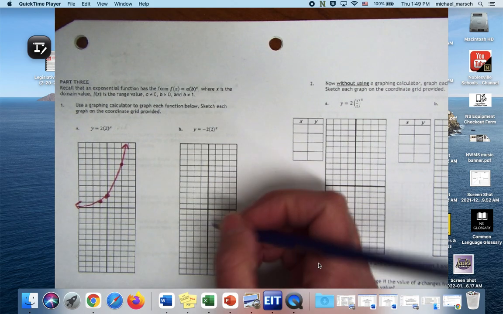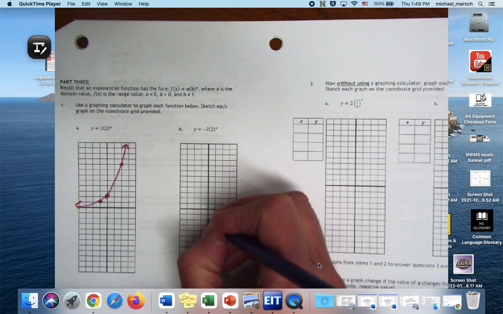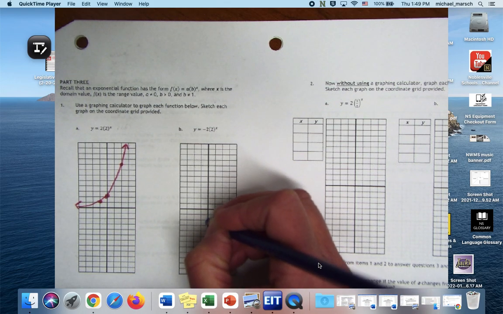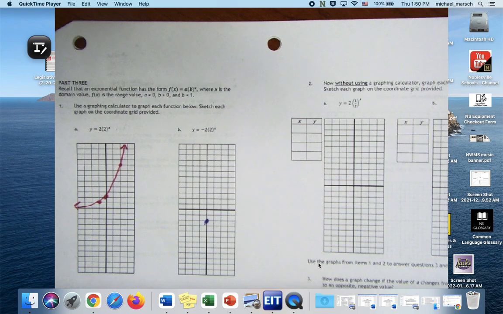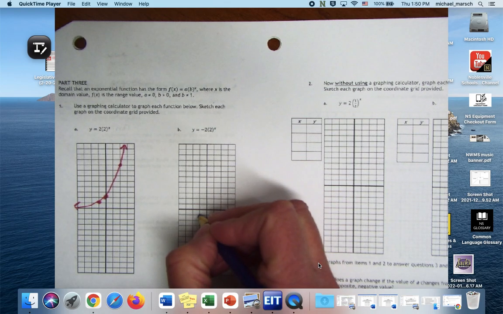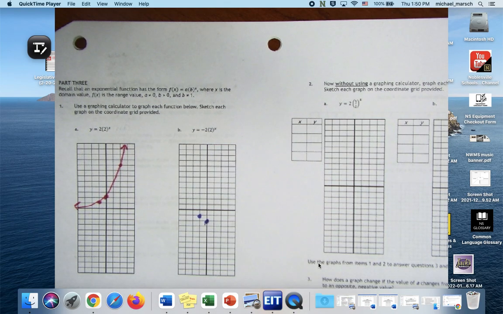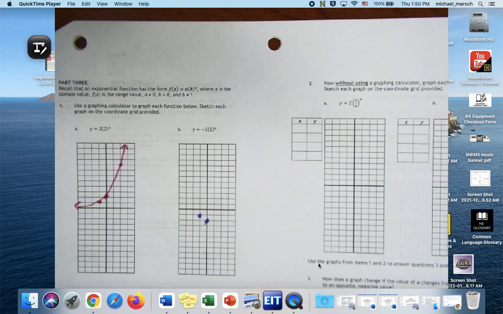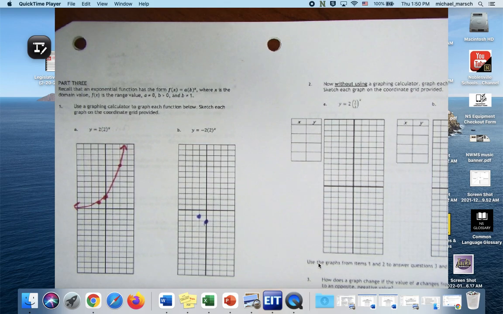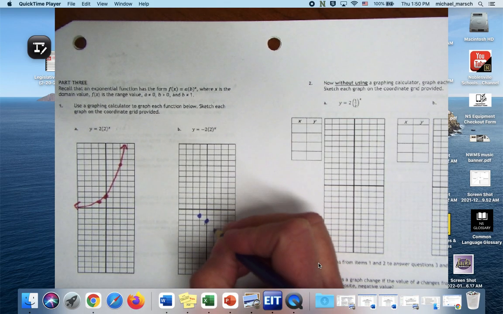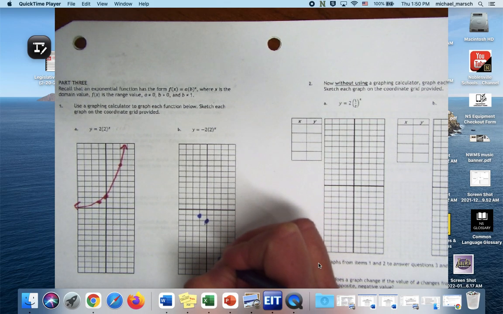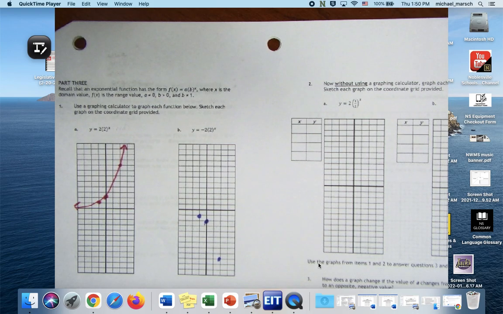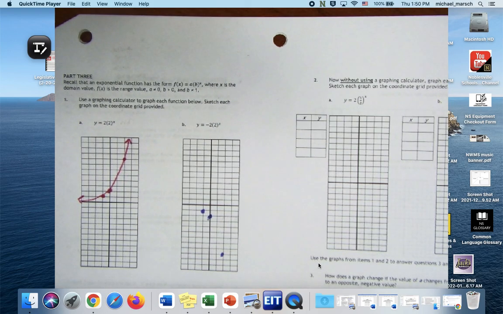So similarly, I'm going to have a y-intercept at -2. Looks like -1, -1. And then I'm guessing 2, 8. Or excuse me, 2, -8. Yep. And so I'm plotting those points.